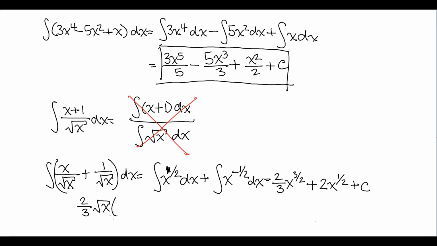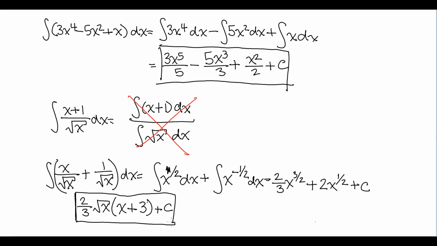So square root of x times x plus, well, 2/3 times 3 equals 2. So 2/3 square root of x times x plus 3, plus c. And this is our integral. So you cannot take the integral of each term in a quotient, but you have to find a way to separate them and use our power rule.